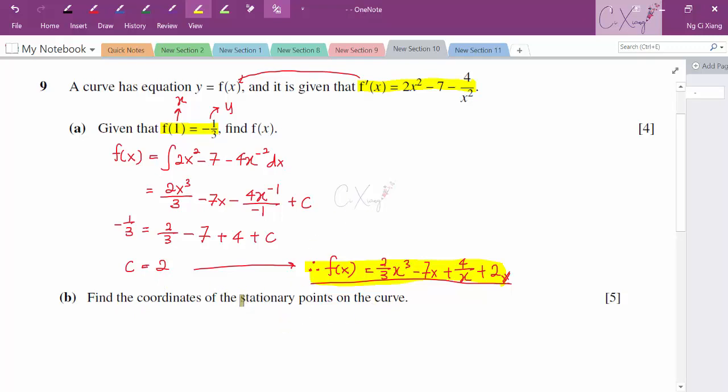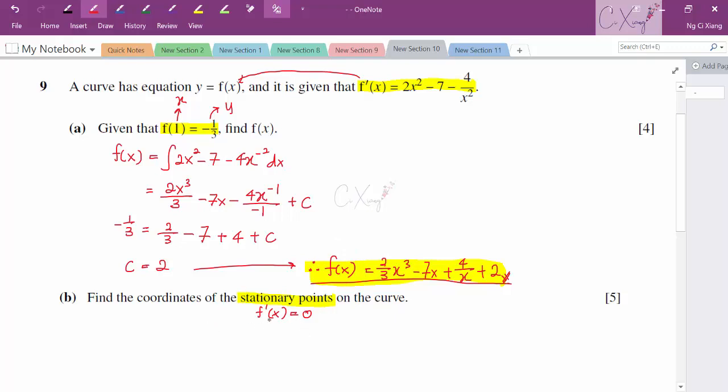So to find the stationary point, generally we need to let f prime x equal 0. Then we solve for the value of x, and then we get a value for y from the original function f(x).